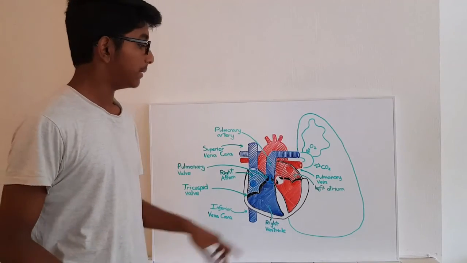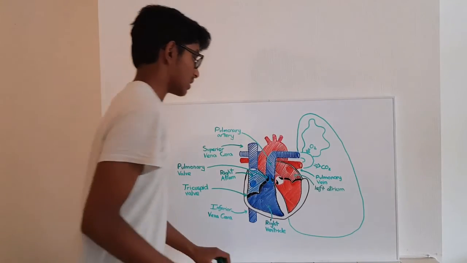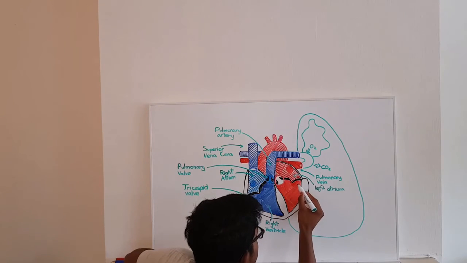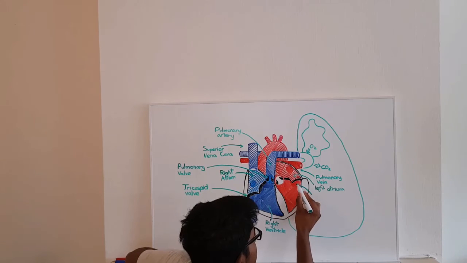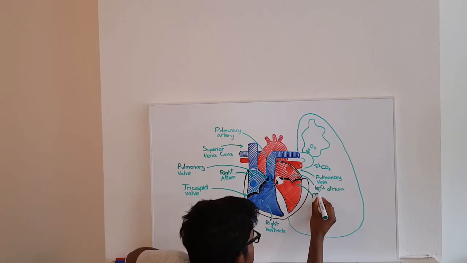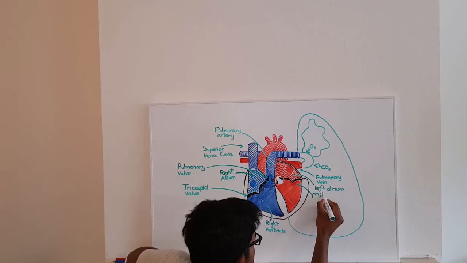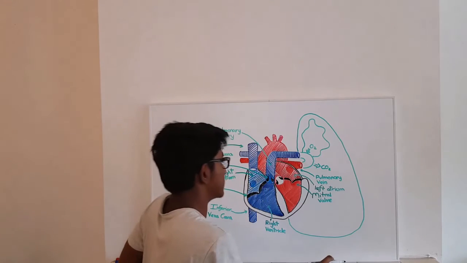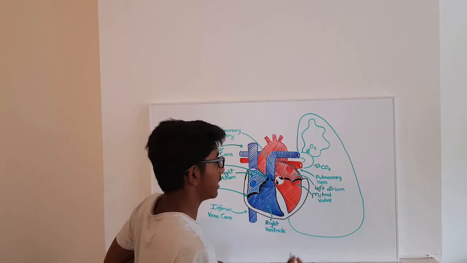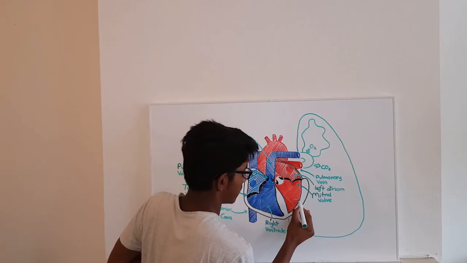And now we meet another valve, and this time it's called the mitral valve. The mitral valve. And what the mitral valve does is it pumps the blood into the left ventricle.